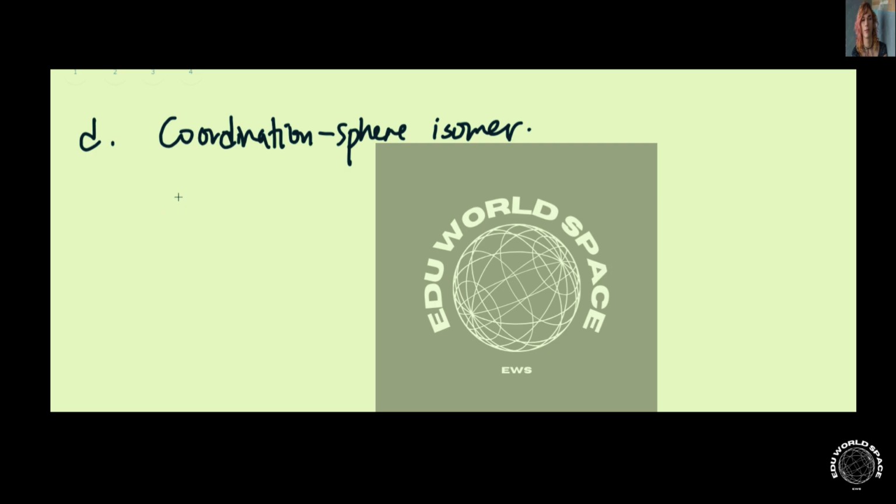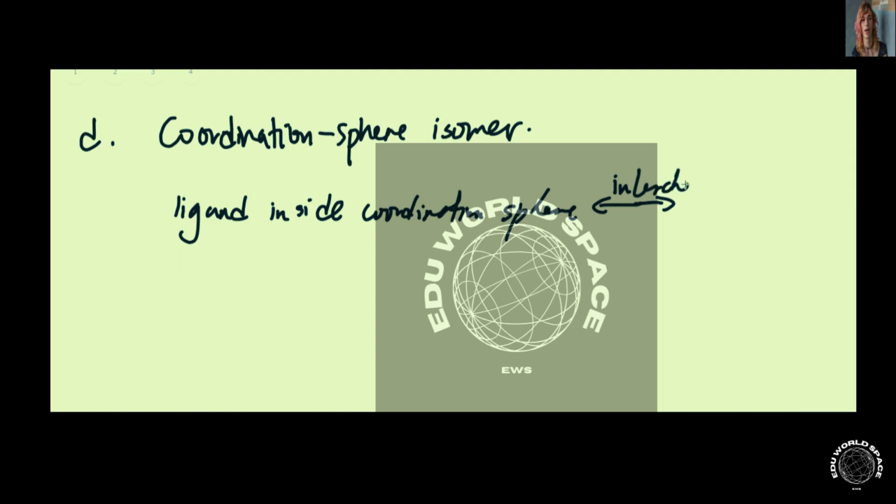So the ligands inside the coordination sphere can have interchange with those present outside the sphere.